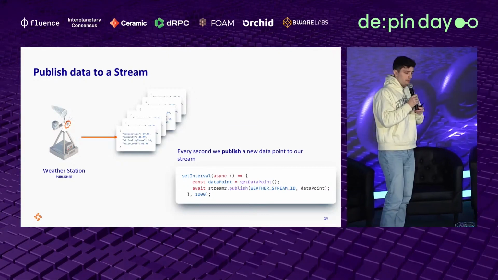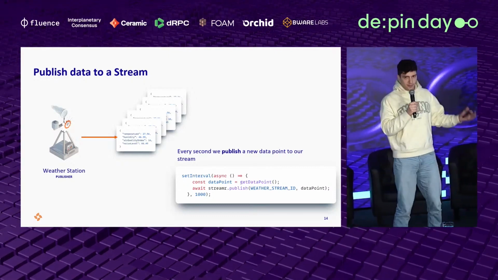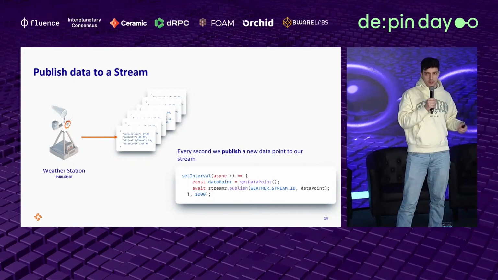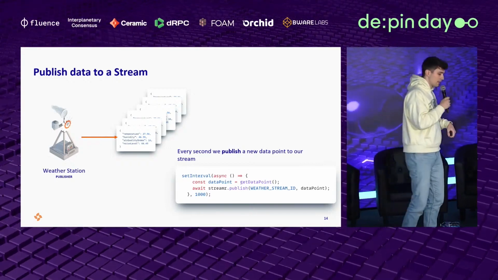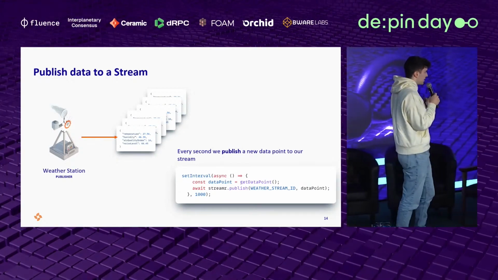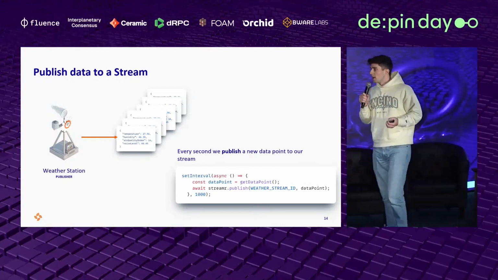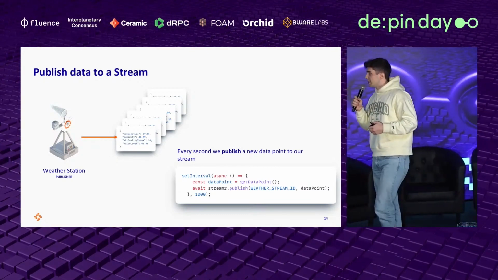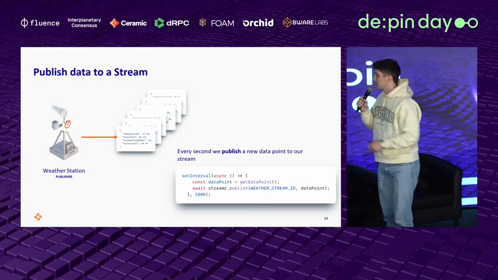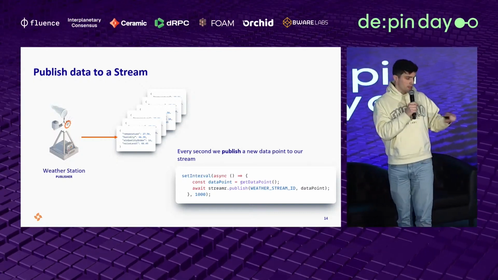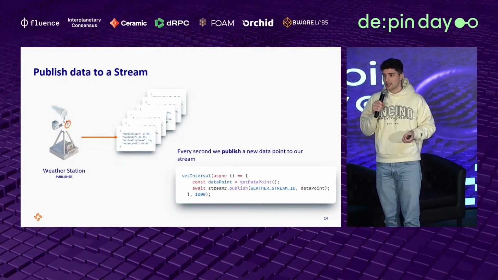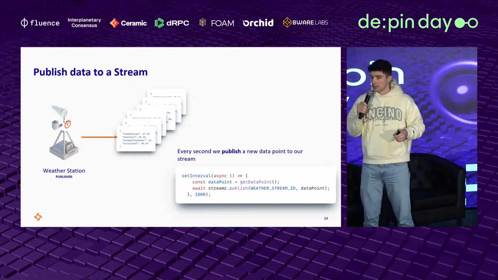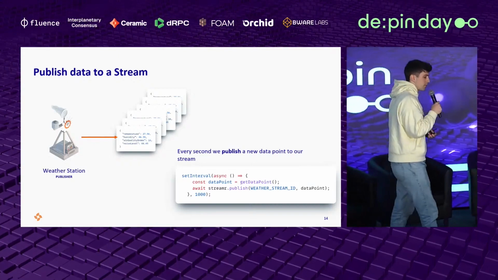Again, we go back to the weather station example. We have a publisher. We have this weather station that is publishing every second, let's say. As you can see here, there's an interval that publishes a data point every second. And then you have this await streamr.publish. Streamr, this object over here, is essentially from a JavaScript-based node package.